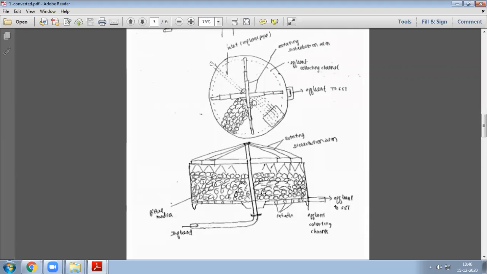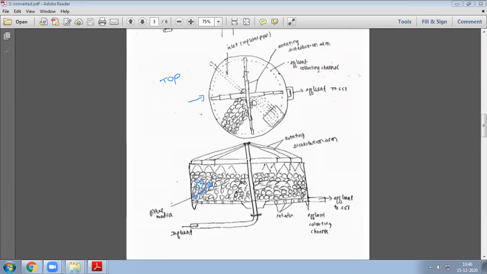You're seeing it now? So here, what you're seeing is some coarse material, some stones, right? This is the top view of this trickling filter. So what is happening here?